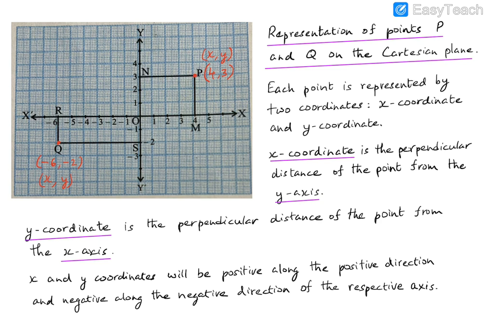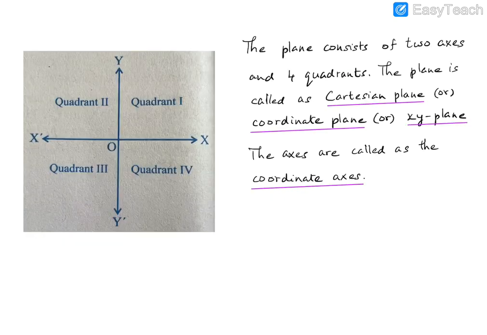So we represent the points on the Cartesian plane using the xy coordinates of the point. So the x coordinate and the y coordinate give us the exact location of the point on that plane, which we call the Cartesian plane or the coordinate plane or the xy plane. So we have three names here: Cartesian plane, coordinate plane, or xy plane.